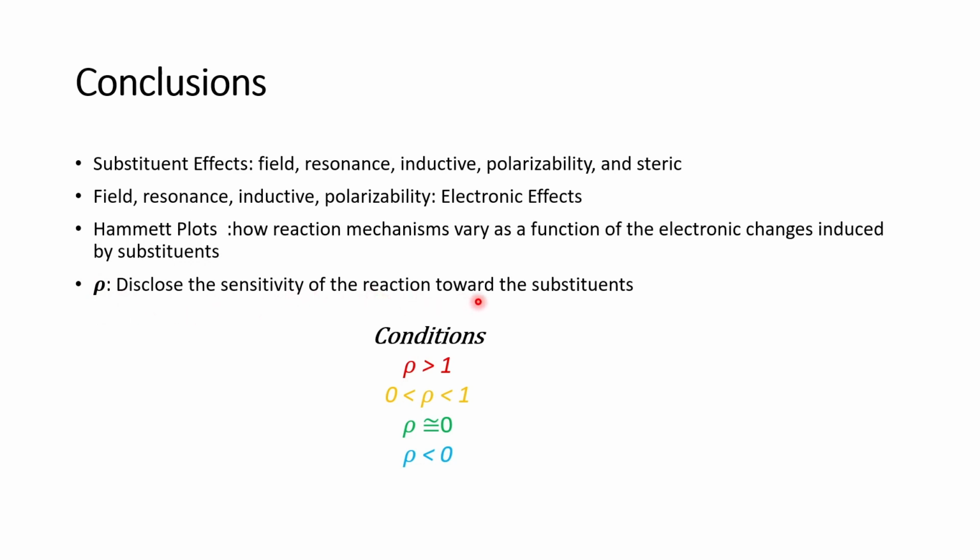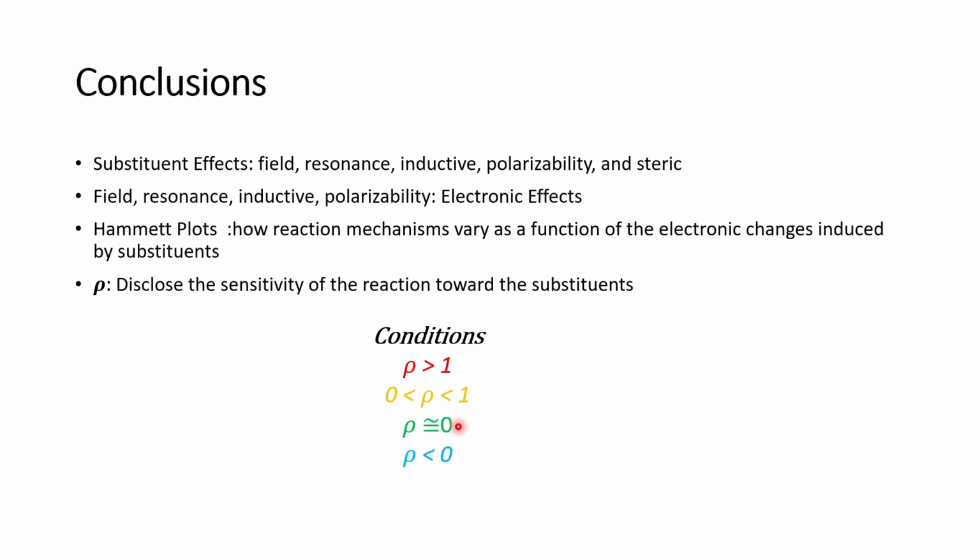For example, here I have stated 4 conditions. In the first 2 conditions, I have positive slopes. A positive slope indicates that we have a reaction sensitive towards the substituents, and also indicates that in the rate determining step of this reaction a negative charge is building. In the third case, the rho is almost 0 or equal to 0.